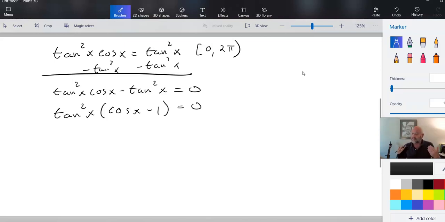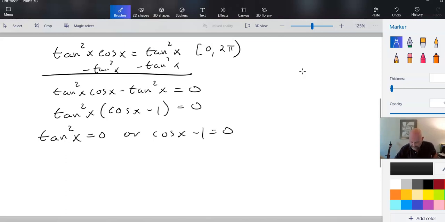These are two factors multiplied together to give you 0, which means either tangent squared x equals 0 or cosine x minus 1 equals 0.